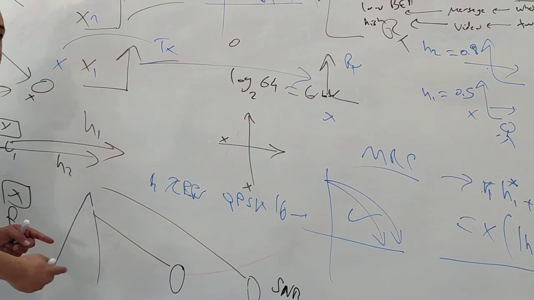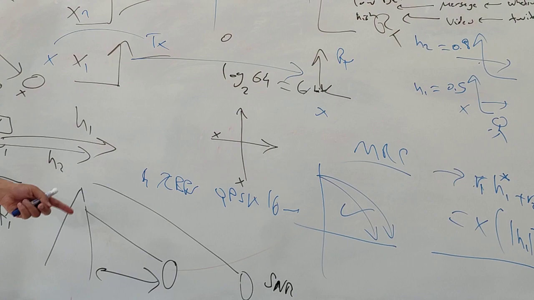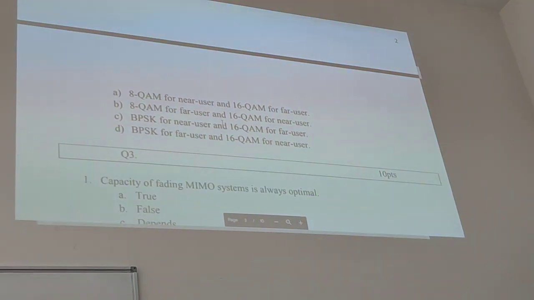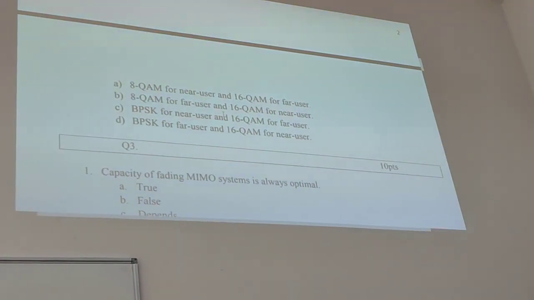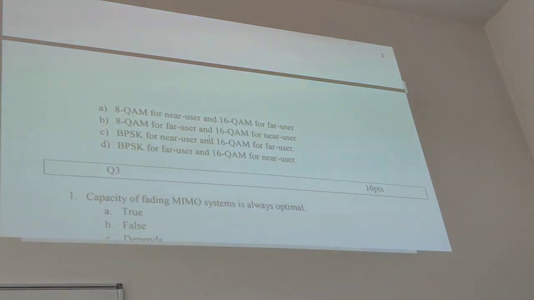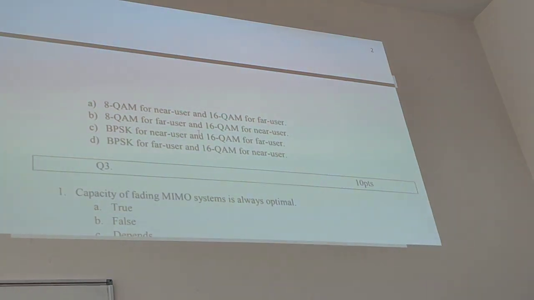Because he's closer to the base station, there is not too much path loss, and therefore, if I show you the options here, you should be able to figure out which answer is the most correct. BPSK for far user and 16 QAM for near user.